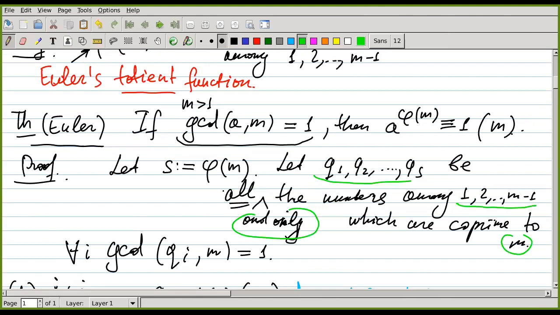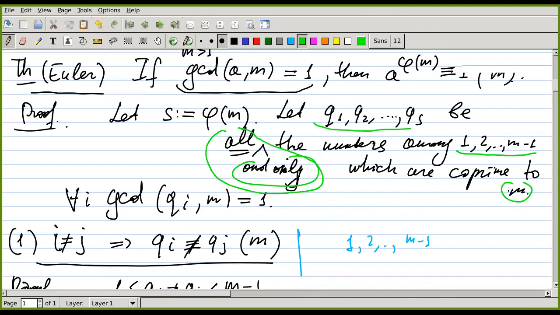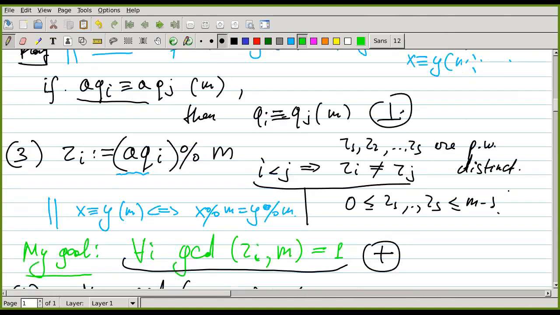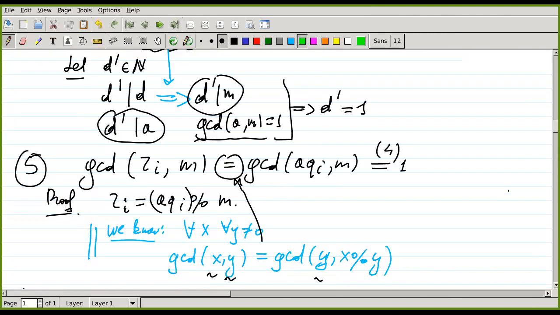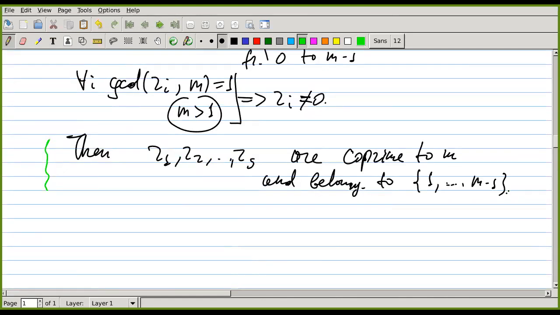You know, we have S Q's, and all these Q's are all and only numbers in the range 1, 2, and so on up to M minus 1, which are co-prime to M. And R's are just those numbers. They are co-prime to M, they belong to this range, and we have exactly S of them. Is it clear enough that R's and Q's are the same?